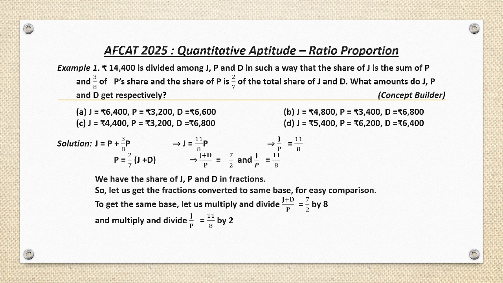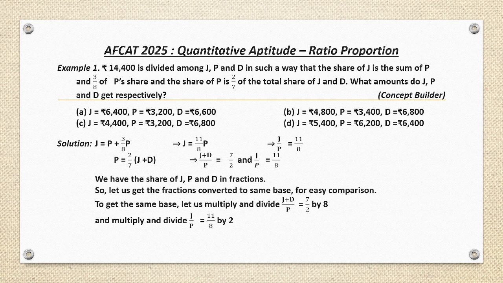Now from the second line of the question, P's share is 2/7 of J plus D's share. So P equals 2 divided by 7 into J plus D. So again, for comparison, let us have P in the denominator. So J plus D by P is equal to 7/2, right? So now we have got two equations. The first one is J by P equal to 11/8. The second one is J plus D by P equal to 7/2.